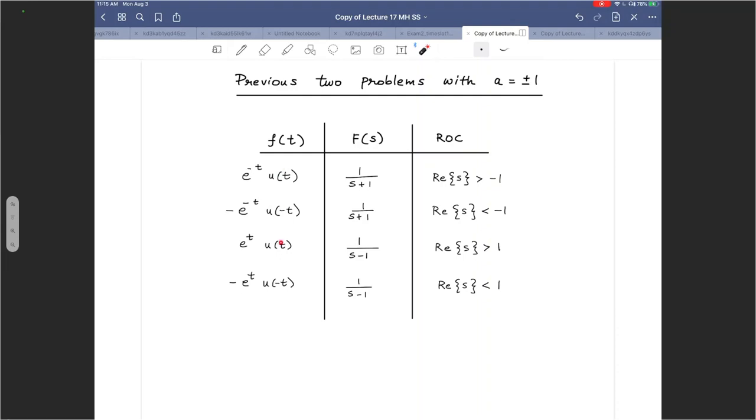So all 4 of them have a certain f of s and a certain ROC. For the first two, the function in the Laplace domain is 1 over s plus 1. And for the next two, it is 1 divided by s minus 1. And they have their own regions of convergence.